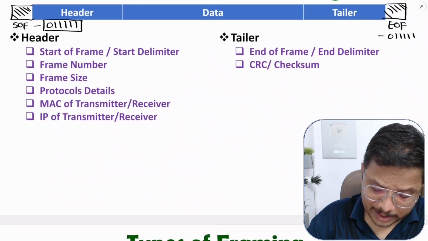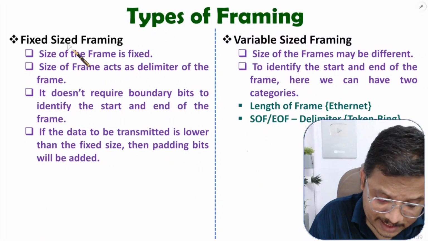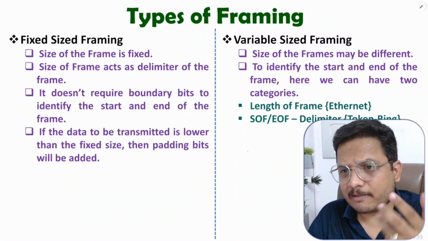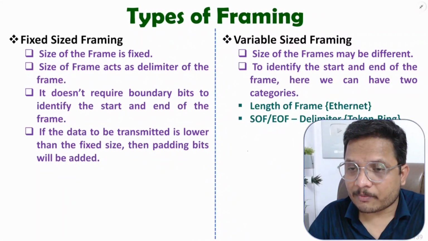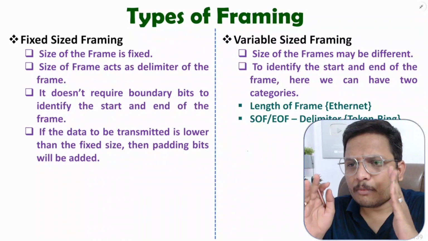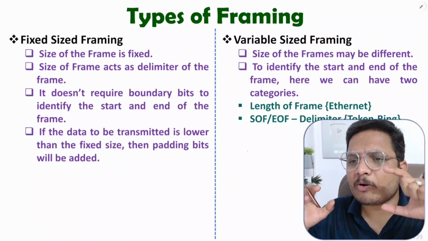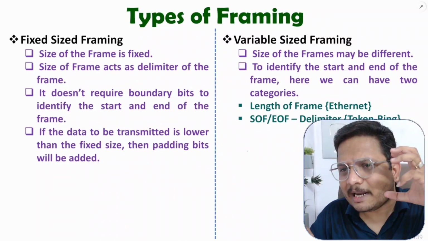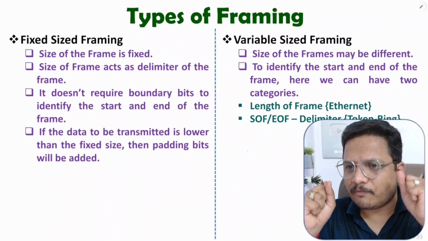Now I'm going to explain how many types of framing there are. Like fixed size framing. From the name itself you can understand the size of the frame is fixed, right? The transmitter and receiver have both agreed upon a protocol in which they know that the transmitter will be sending a 100 byte frame and the receiver will be receiving a 100 byte frame, right?